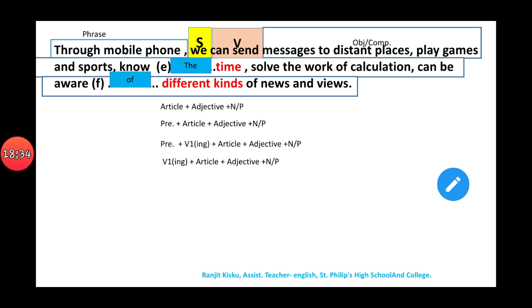We have placed "the" as an article, which is called a definite adjective. Got it? Articles are used as adjectives in sentences. So we have placed the adjective. We know the time and solve the work of calculation can be hour dash kinds; the noun "hour of" is a prepositional phrase, with an appropriate preposition. So we are sure that here we need the preposition "of".